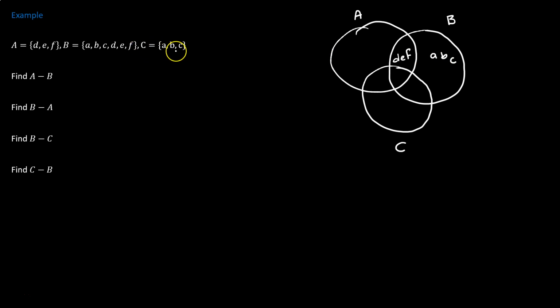But then the set C has A, B, C. So A, B, C would actually need to be in the intersection from B and C. So let's double check that we have that.